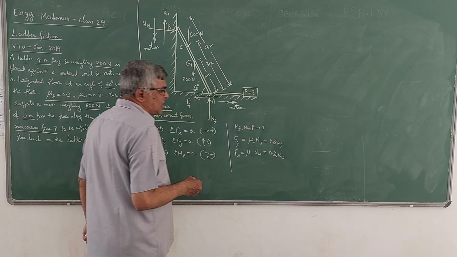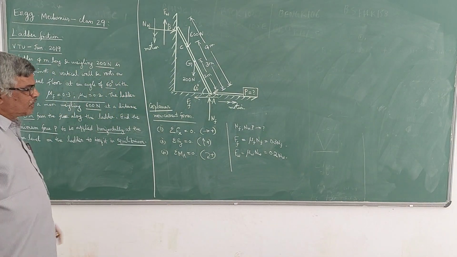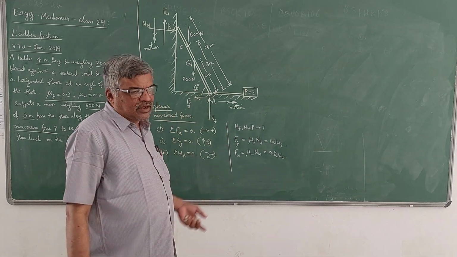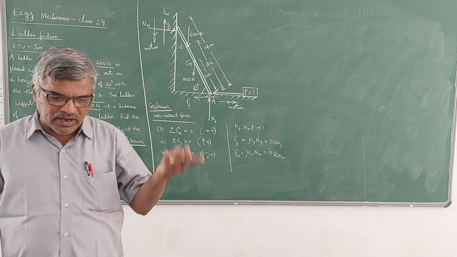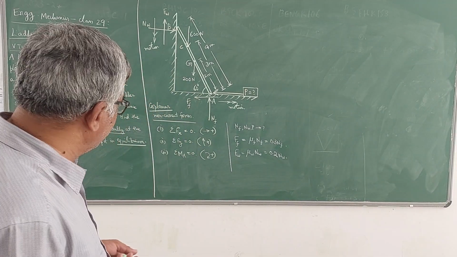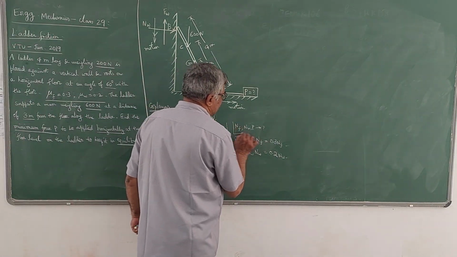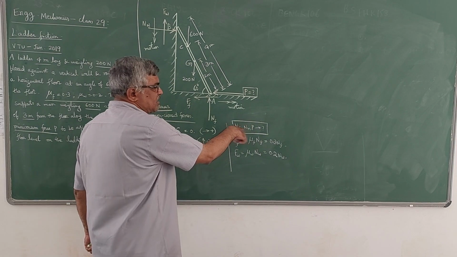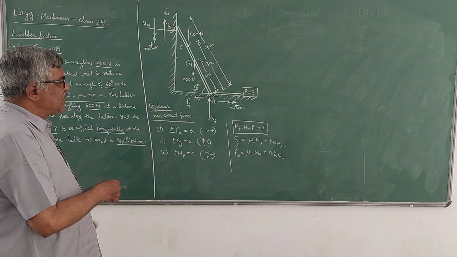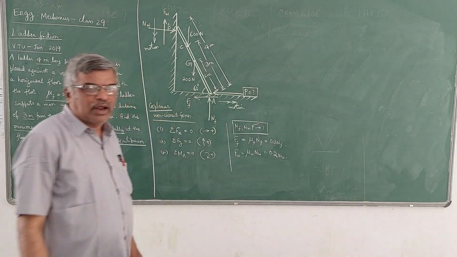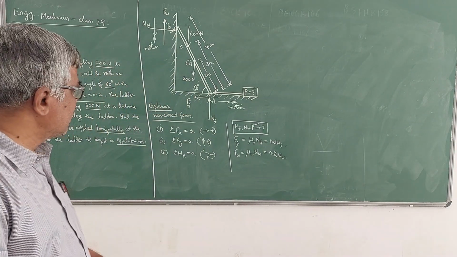So once you get the values of Nf and Nw, you can find the values of Ff and Fw, and the other things you can always obtain. That means after applying the three equilibrium equations, you can get these three values. So finally we are interested in the value of P. What is the minimum force P that should be applied to keep the ladder in equilibrium?